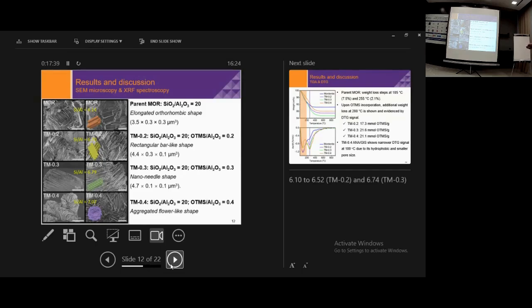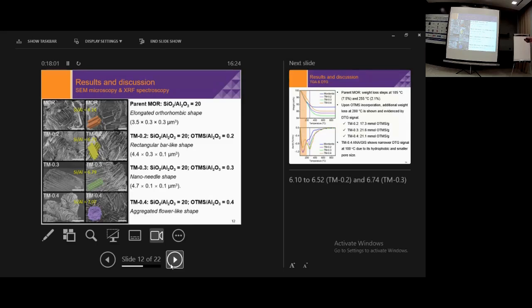And if we further increase to 0.4, it forms an aggregated flower-like shape. Overall, the mordenite zeolite shows a stick shape, whereas TM0.4, which is not mordenite zeolite, shows a different morphology.